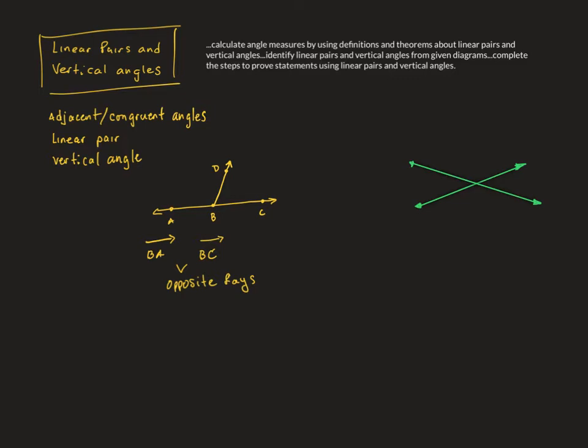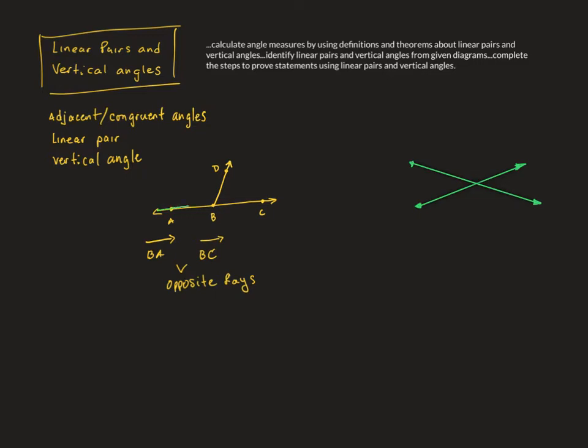A linear pair is two adjacent angles whose non-common sides are opposite rays. So if I look at this right here, I have angle ABD, and then I have angle DBC. And those two are going to be a linear pair because they're two adjacent angles.